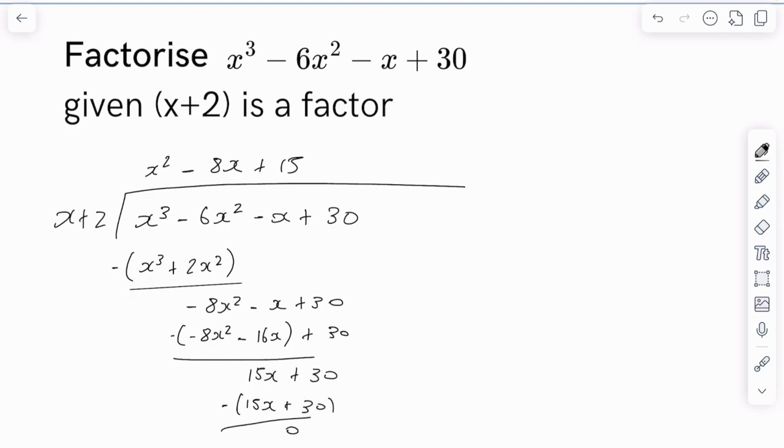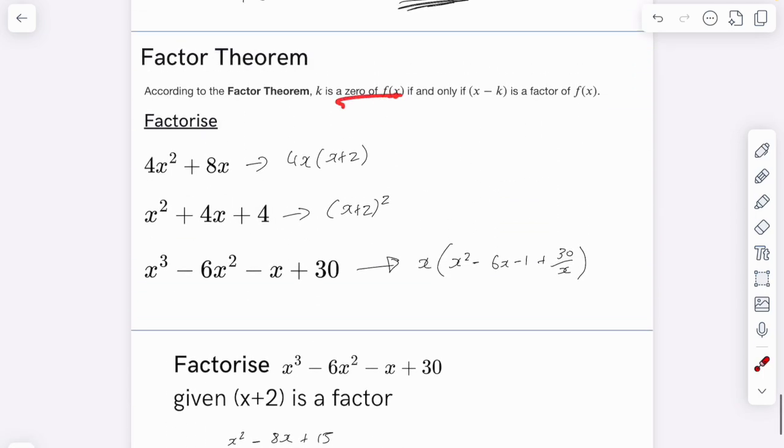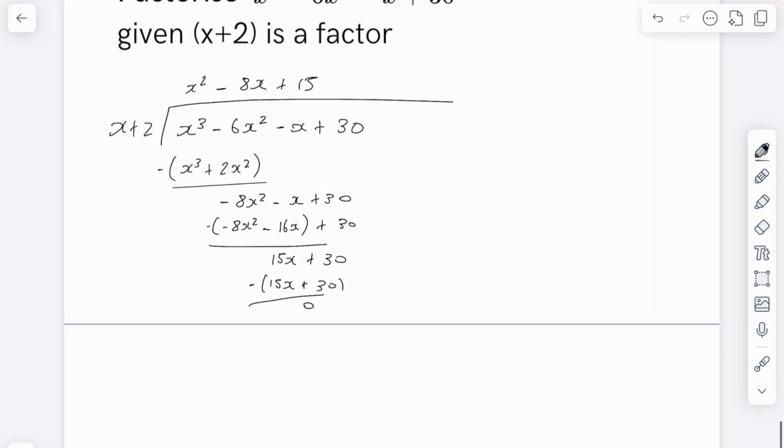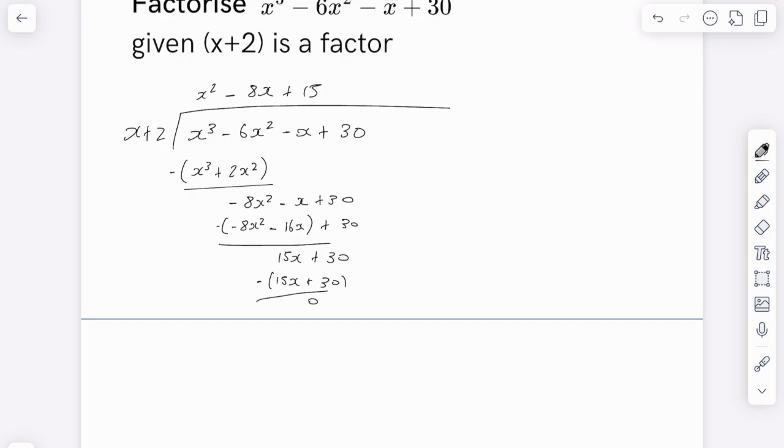So obviously here we've demonstrated that we get 0, which means we've factorized this. Therefore we can say that x cubed minus 6x squared minus x plus 30 equals x plus 2 times x squared minus 8x plus 15.